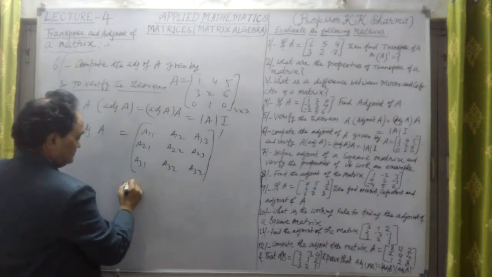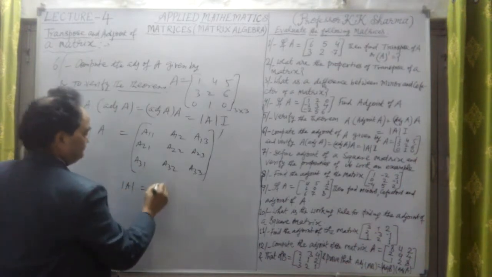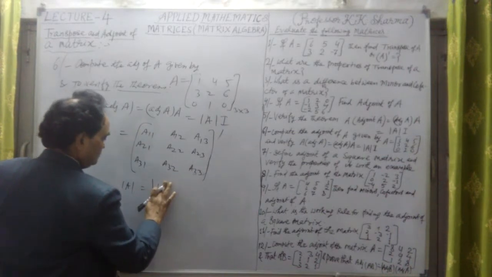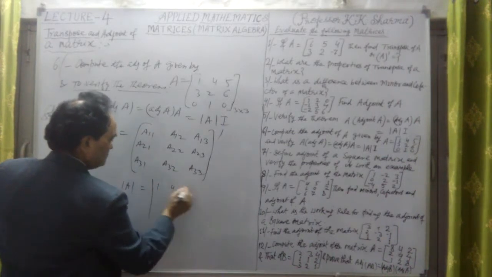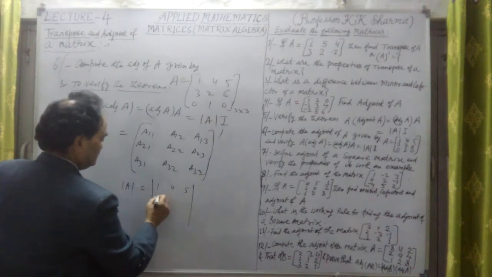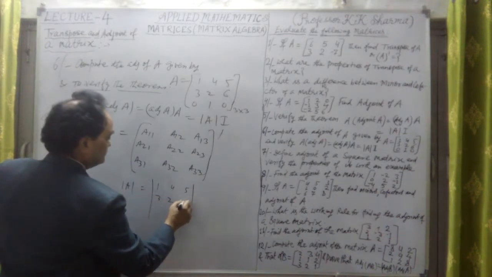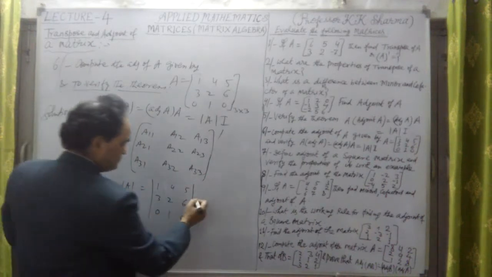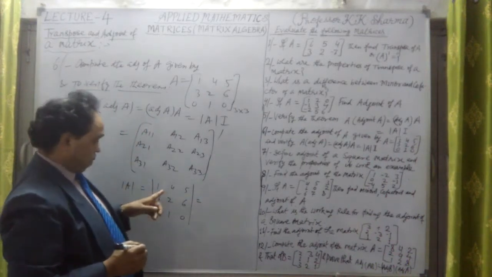So, determinant of A is equal to, we find this as 1, 4, 5, 3, 2, 6, 0, 1, 0. How do we find it?